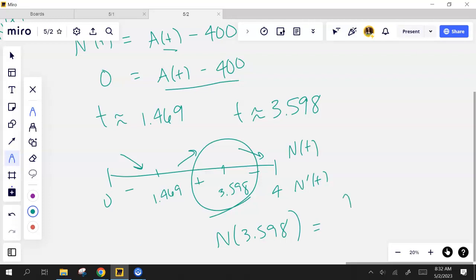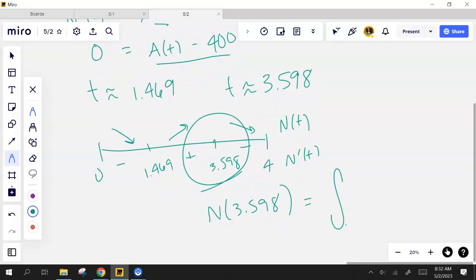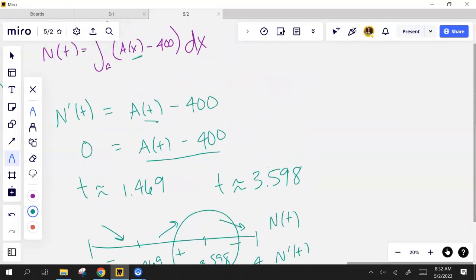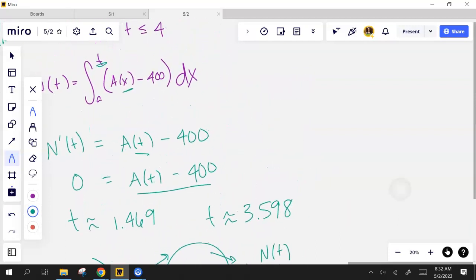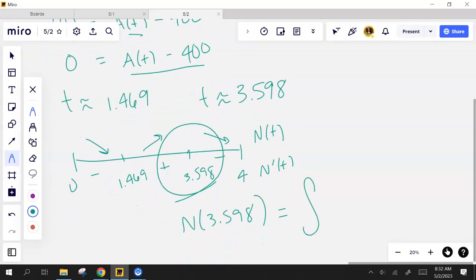So I'm going from A, which is 3.598, to T, which should be 4, right?